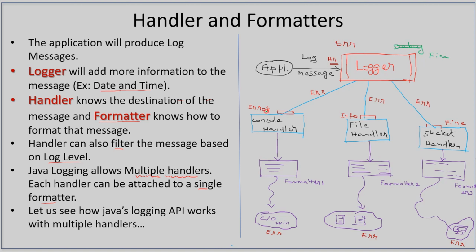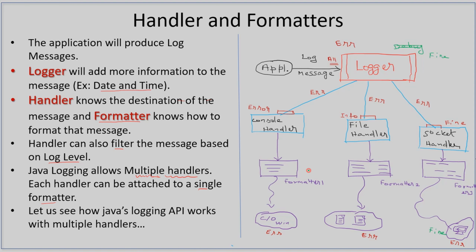Here, since the filter is error, and a fine message is at a deeper level compared to error, it will not pass through the console handler, and it will not pass through the file handler as well, but it will pass through the network terminal, which is dedicatedly allocated for the error handling system. So if you see here, the fine or debug message reaches only one, and it won't reach the other two output media.